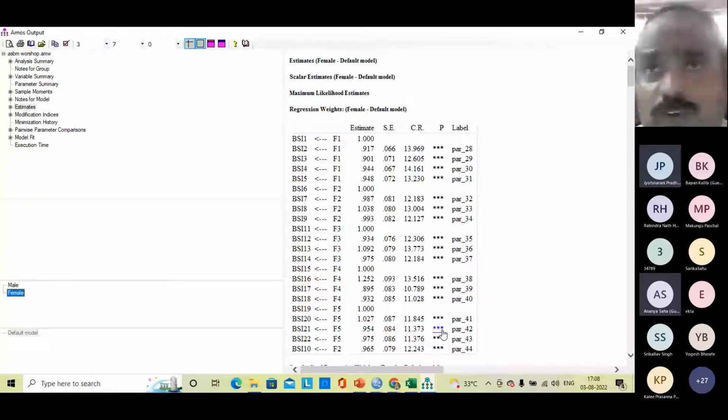If you say multi-group analysis, here is your multi-group analysis, nothing more than that. Here the multi-group analysis is over. But this much is not required for the reviewer of the article. A reviewer requires invariance testing. That means you need to prove there is no significant difference between male and female.